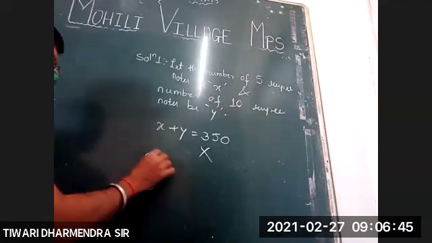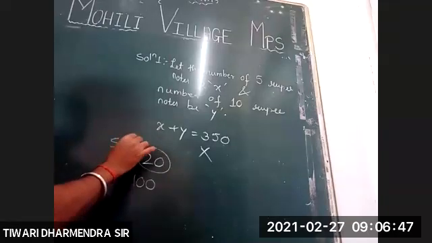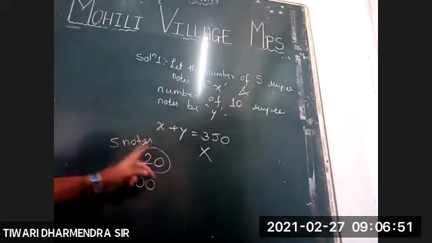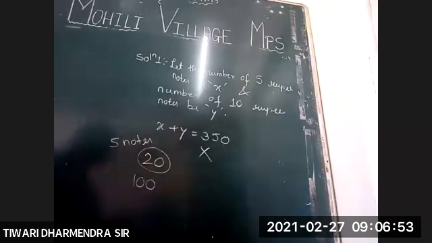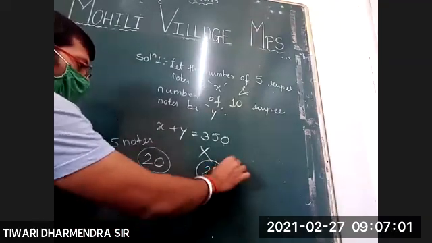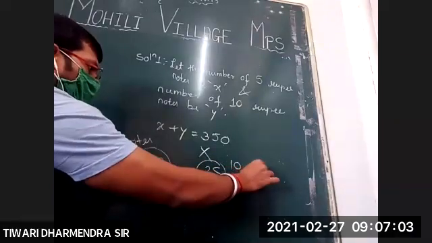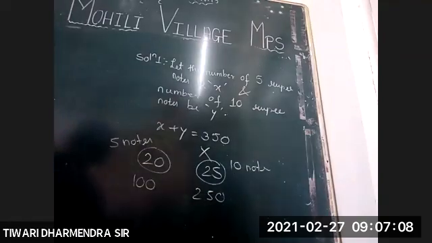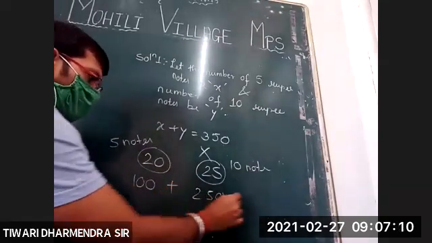This is 5 rupee notes, it is its number. So 5 into 20 is 100, and 10 rupee notes say 25. 25 notes of 10, so this is 250. This is giving me 350.